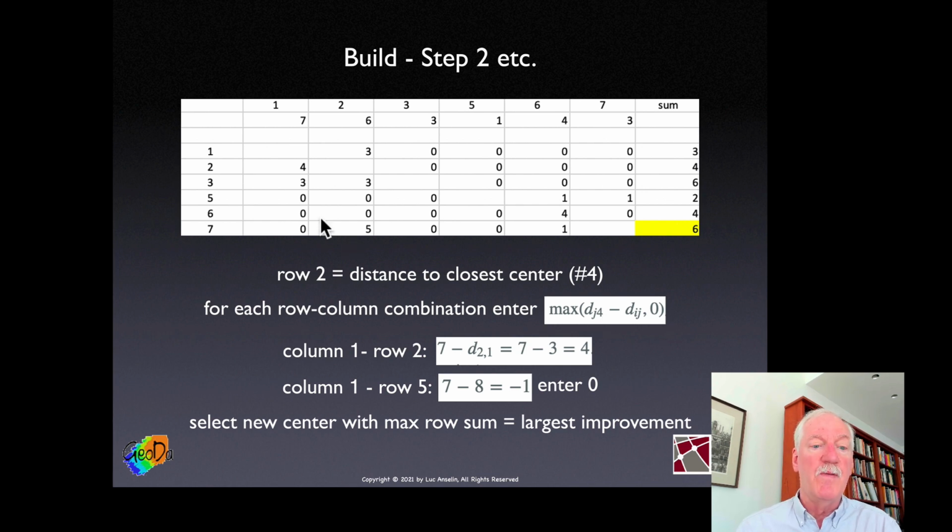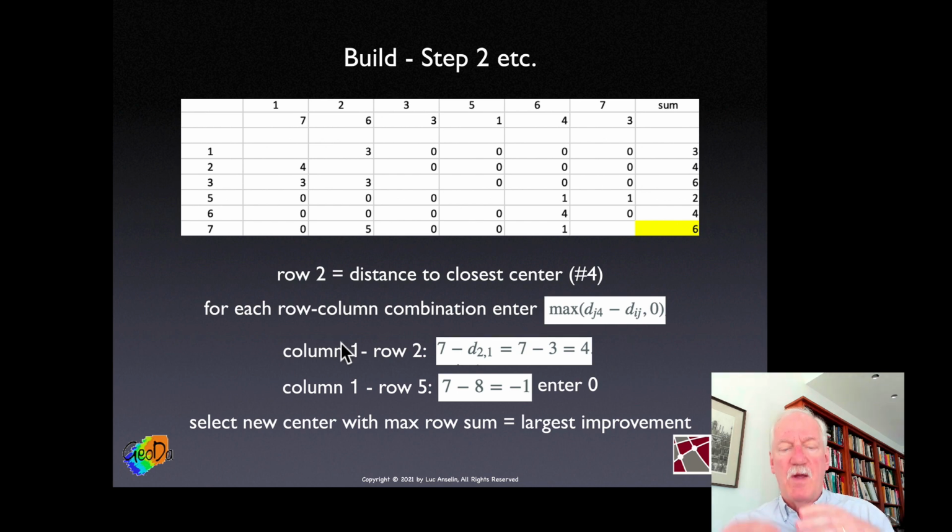For example, for 5 and 1, if 5 were the next center, then 1 is actually further from 5 than from 4. The distance from 1 to 5 is 8. The distance from 1 to 4 is 7. So there wouldn't be an improvement from having 1 associated with 5, so we enter 0.